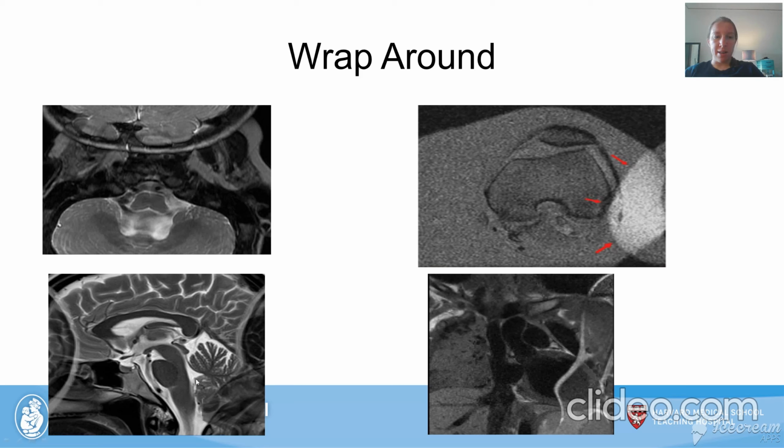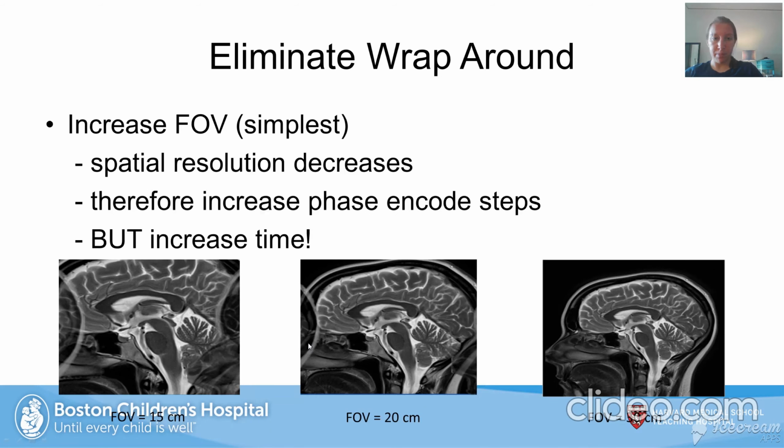This is the side of the brain, and this is the pons. The front of the brain has been mapped here, and the back of the brain here. Anything in here would be okay, but for the frontal lobe, you'd probably need to increase the field of view. The simplest way to eliminate wraparound is just to increase your field of view.